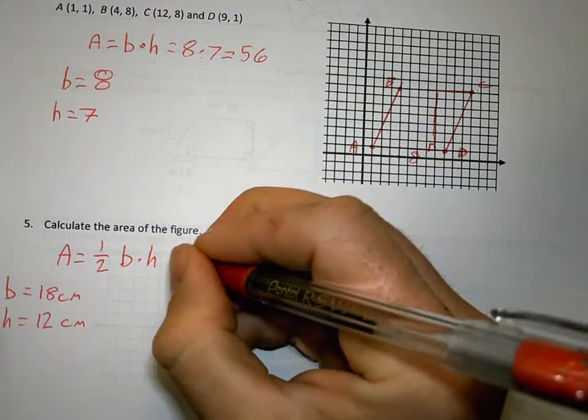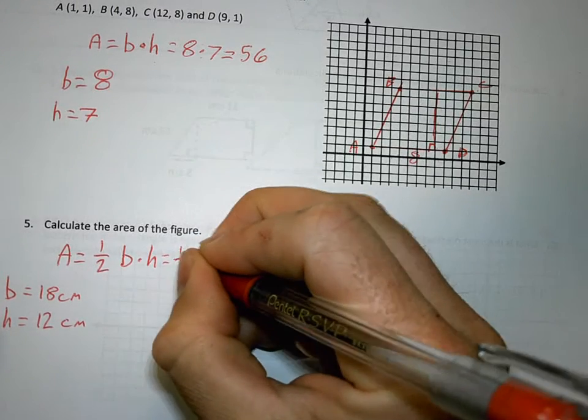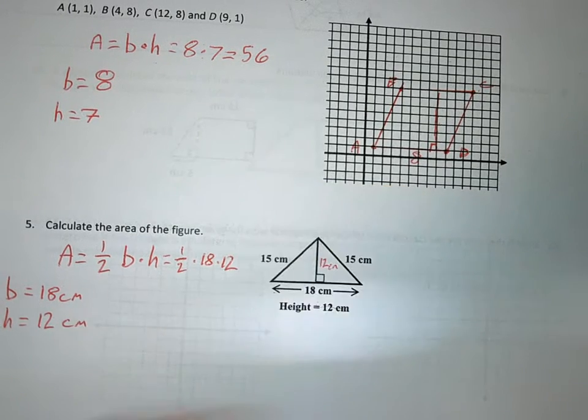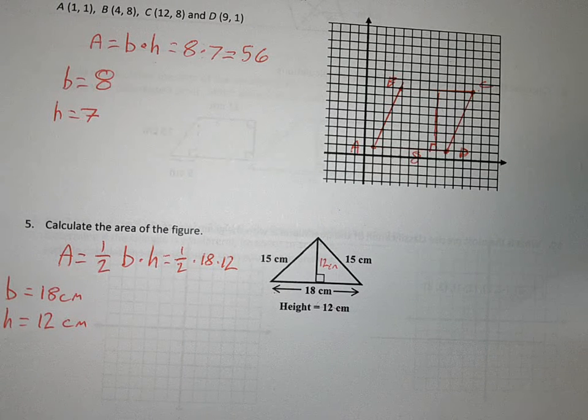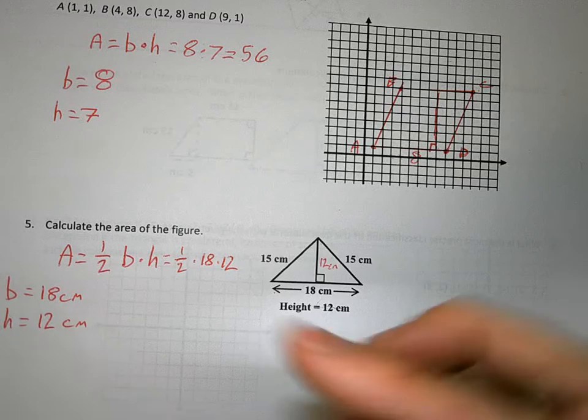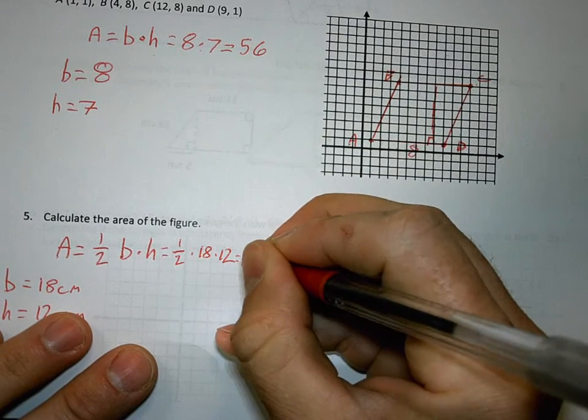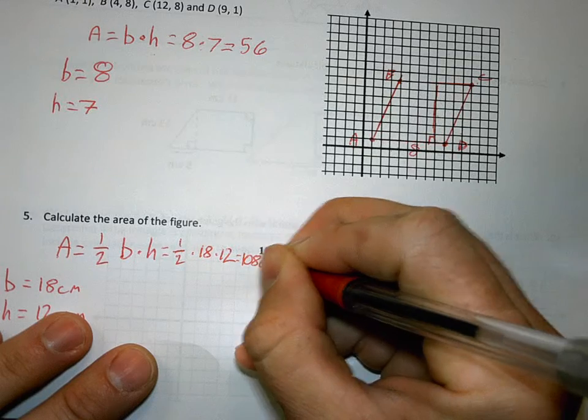So let's plug this in. 1/2 times 18 times 12. That's 108 centimeters squared.